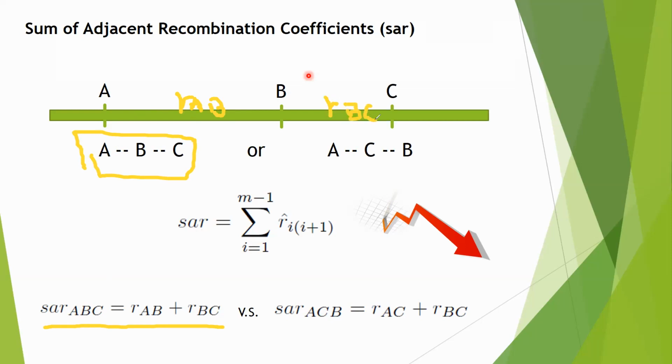These are the two adjacent recombination coefficients. However, if the real order is ACB, with C sitting in the middle, then the SAR ACB should be defined as the sum of RAC and RBC, right? This is how we define the sum of the adjacent recombination coefficients. Any questions here?